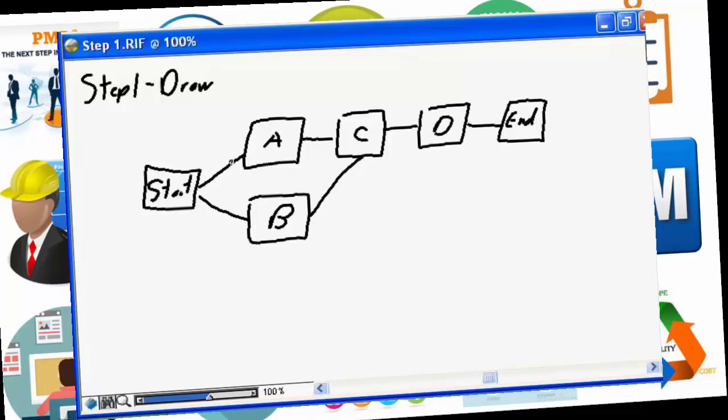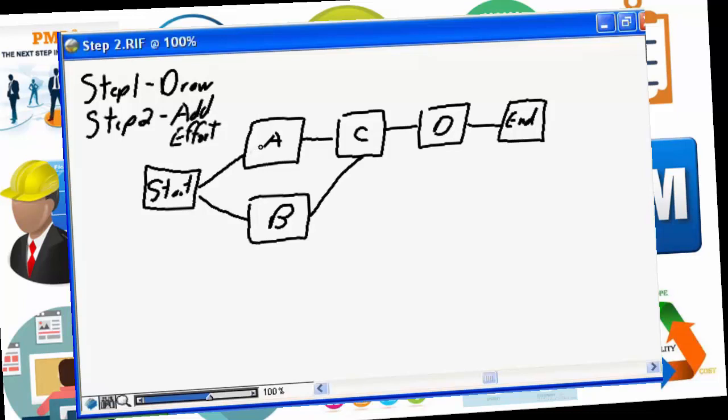But again, in review, we have 2 tasks that are independent that begin our project, A and B. They can both start simultaneously to the beginning of the project. We have task C, which is dependent on both A and B being completed before C can start. And then once C has finished, we have task D, which can start as soon as C is finished, and then of course when D is done, our project is done.